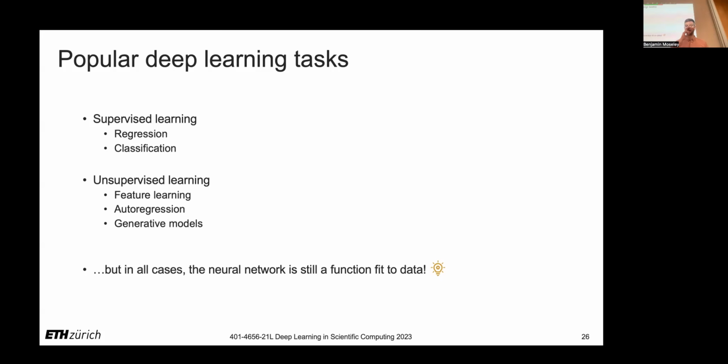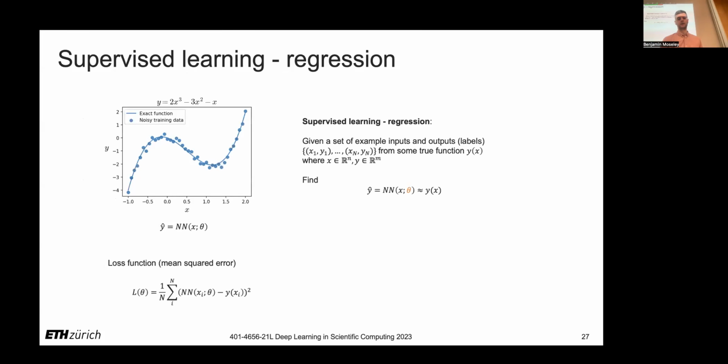So I'm going to talk you through some specific tasks in these. For example, regression, classification, and then some unsupervised learning techniques as well. Okay, so let's start with probably the simplest. This is regression, and this is exactly the example that I've been showing you to motivate the rest of the lecture. Basically, I have some underlying function. It's a continuous function.